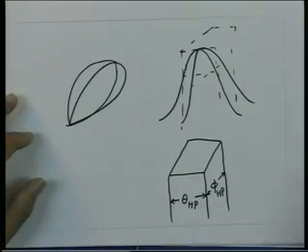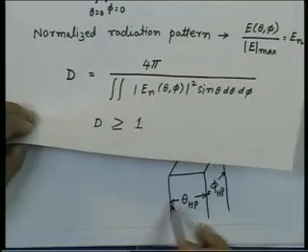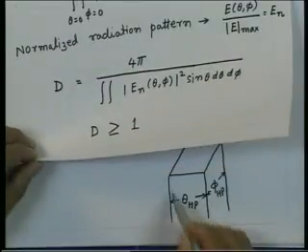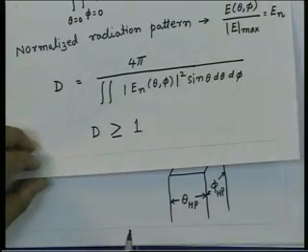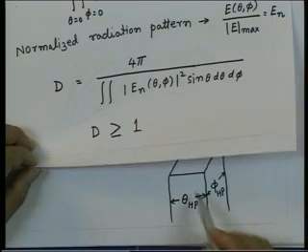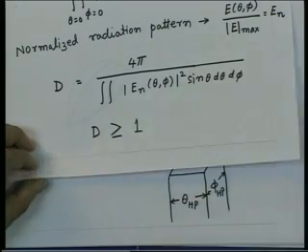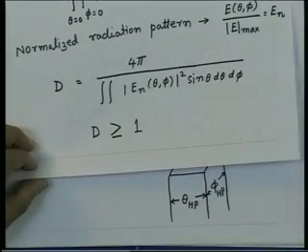So, under the assumption that this angle is very small, this integral essentially is equal to the volume under this box with the height of this box equal to unity. So, essentially we get 1 multiplied by theta half power, phi half power, that is this quantity which will be giving you this integral.